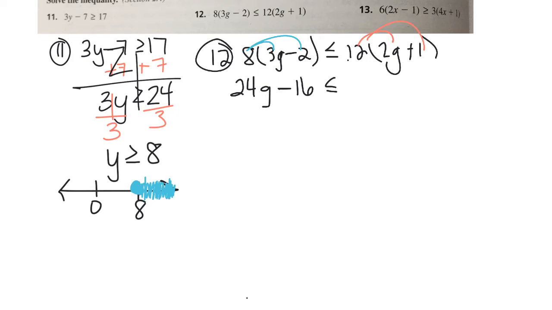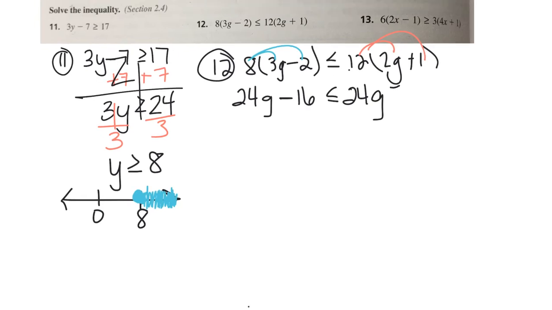So we get 24g plus 12. And we talked about doing distribution first, and then combining like terms.